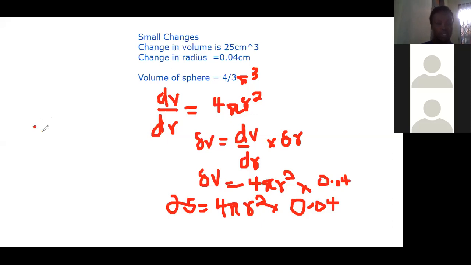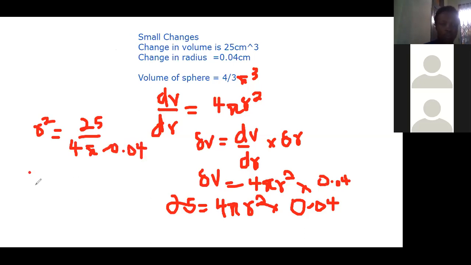So r squared will give us 25 divided by 4 pi times 0.04.